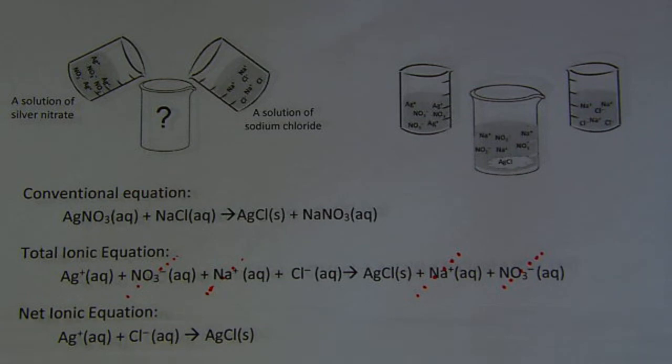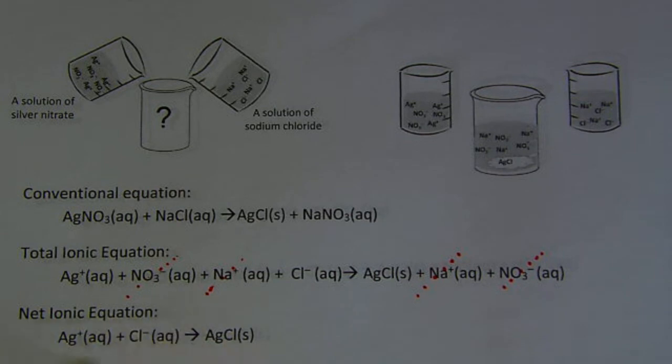There are also cases where ions come together to form a liquid or a gas, but the majority of the problems that we're going to be doing result in the formation of a solid. So your net ionic equation is showing you what's actually coming together to form the observed precipitate. We can see that my silver ions came together with my chloride ions to form my precipitate.